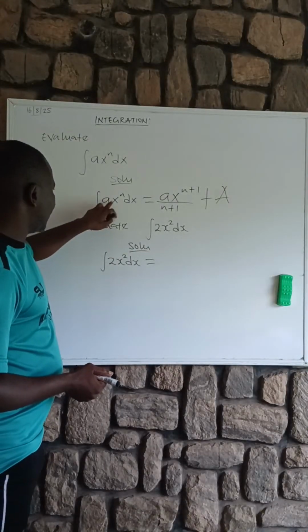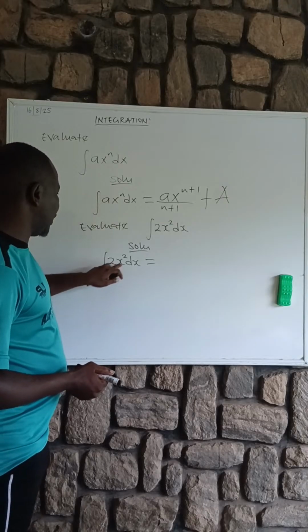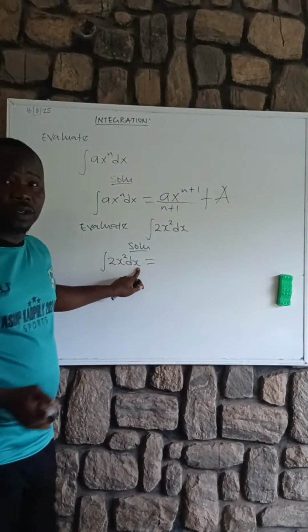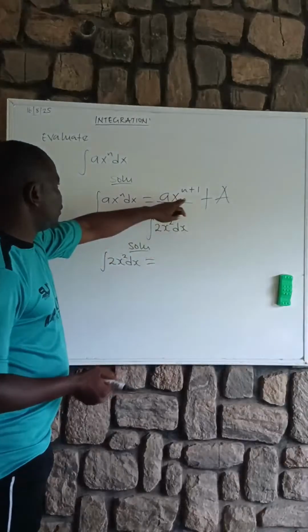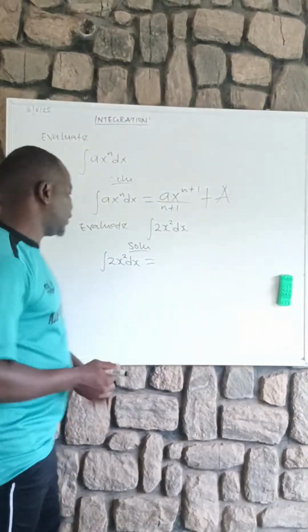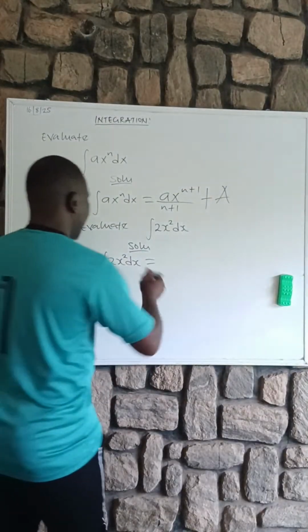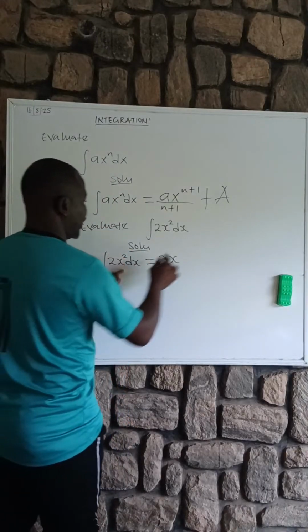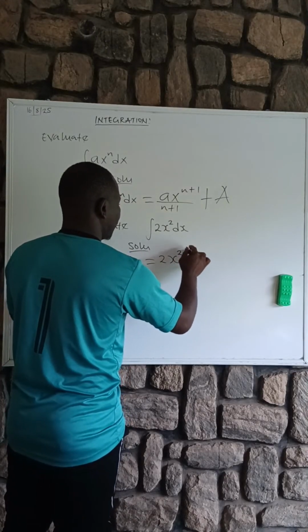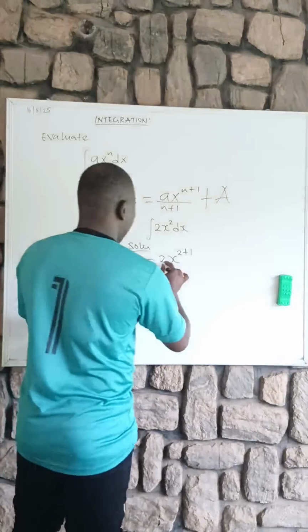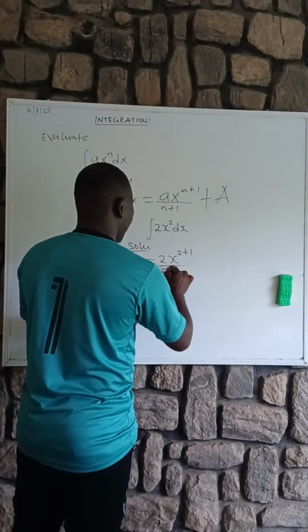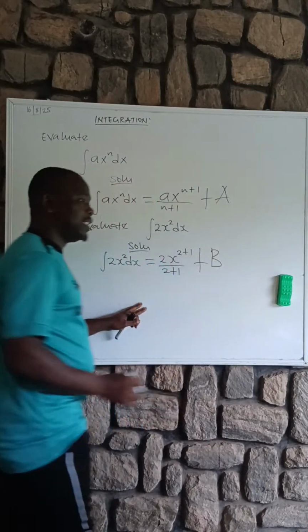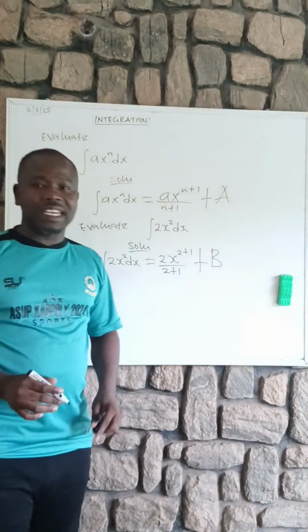Here we have a, we have x. Here we have 2, we have x. Then here we have n, we have 2, dx. True or false? It's true. So now we want to transform it in this form. So we now write 2x raised to the power of 2 plus 1, then all over 2 plus 1, plus any constant. It could be B, C, D, or any alphabet.